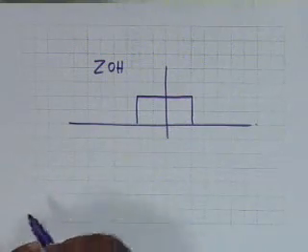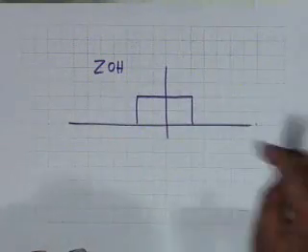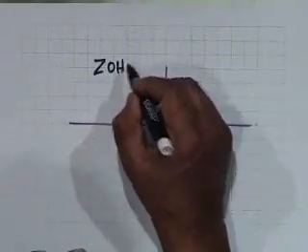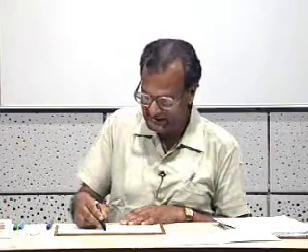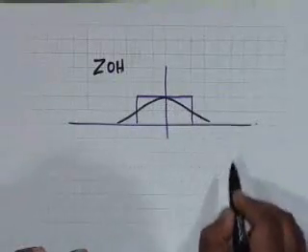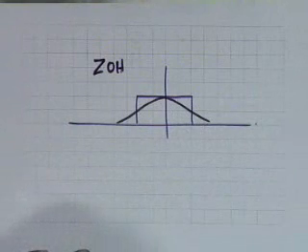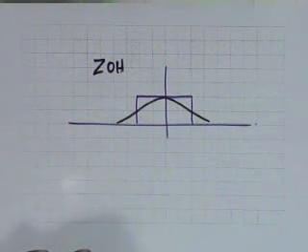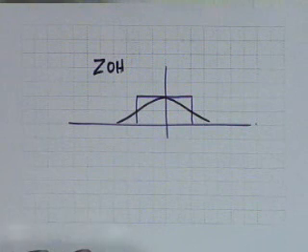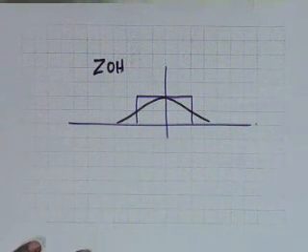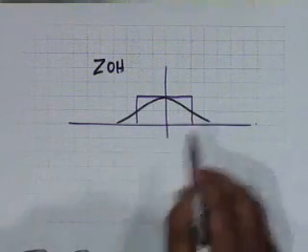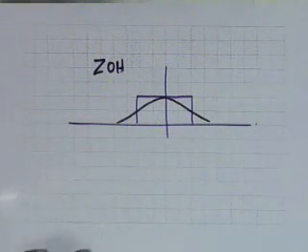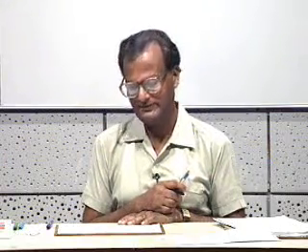Now for a ZOH, the frequency response function, which is sine omega T by 2 divided by omega, looks like this. And you can see that this is an approximation to an ideal low pass filter. So ZOH is an approximation to an ideal low pass filter, and the more it deviates from the ideal low pass filter, the worse will be the reconstructed waveform as compared to the original waveform.